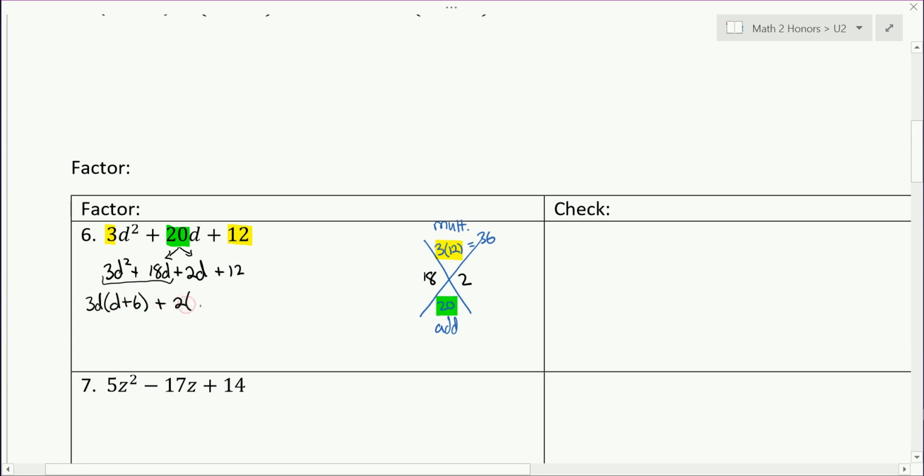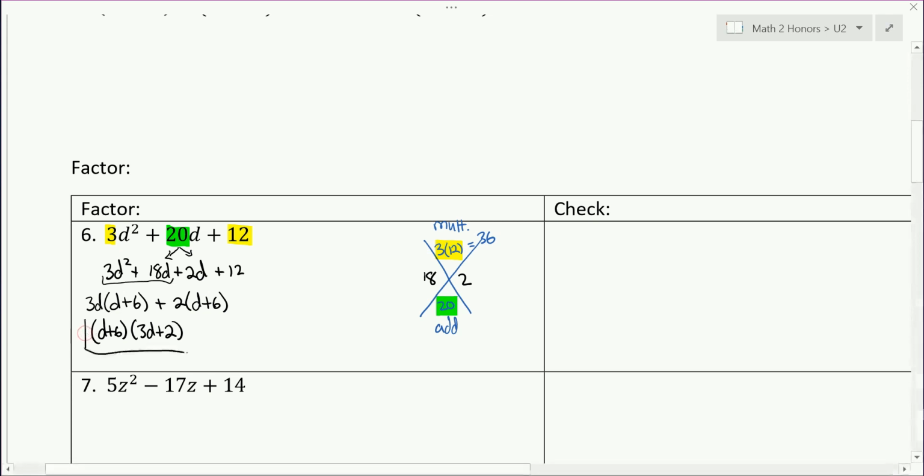And what's left? D plus 6. And now both terms have a common factor of D plus 6. So factor out the D plus 6. And you're left with 3D plus 2. Okay. And that's our answer.